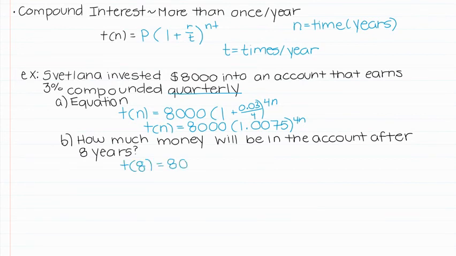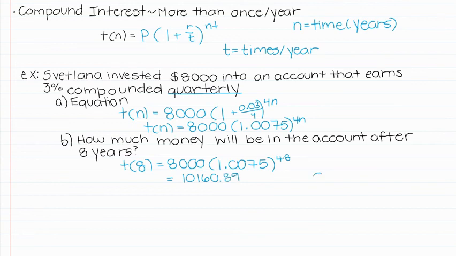So it's T of 8 equals 8,000 times 1.0075, and then it's to the 4 times 8 power, which is really to the 32nd power. So you would do 1.0075 to the 32nd power, and then multiply that by 8,000.